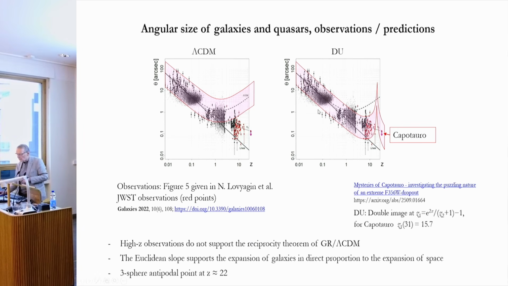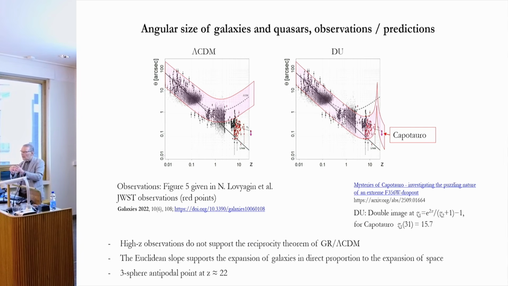And the other very important factor here is that for the Euclidean behavior we need to assume that the objects are expanding with the expansion of space. And in dynamic universe, where everything is linked to the whole, the conservation of energy means that the expansion of space occurs in any gravitationally bound systems also locally.